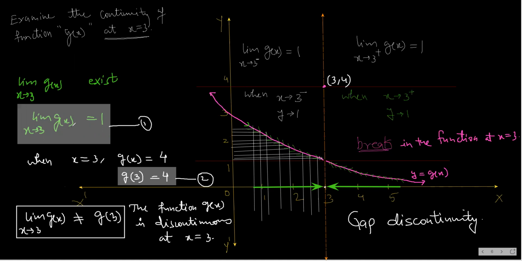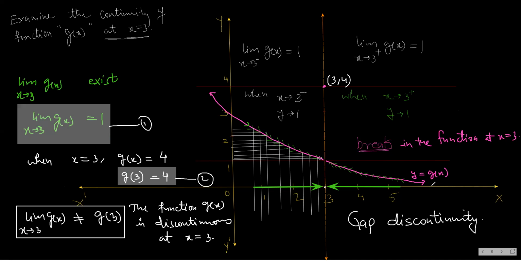So you notice that the left hand limit of g of x when x tends to 3 and the right hand limit of g of x when x tends to 3 were equal, but it was the value of g of x when x is equal to 3 which was not equal to the limit value. So this is gap discontinuity.